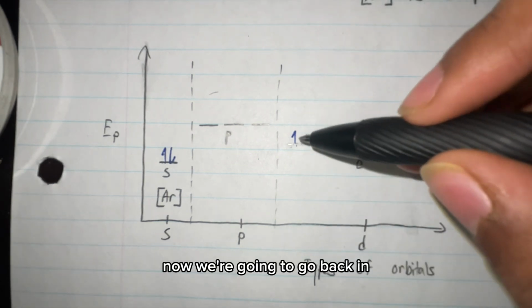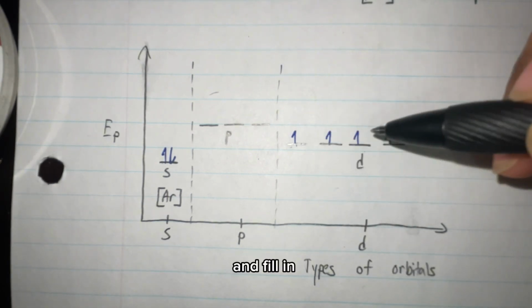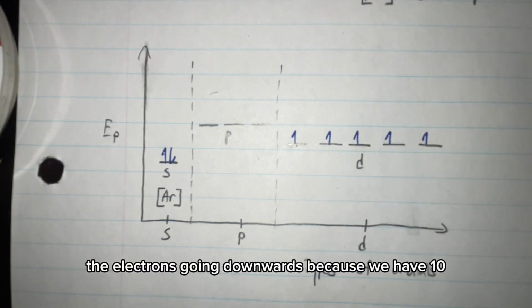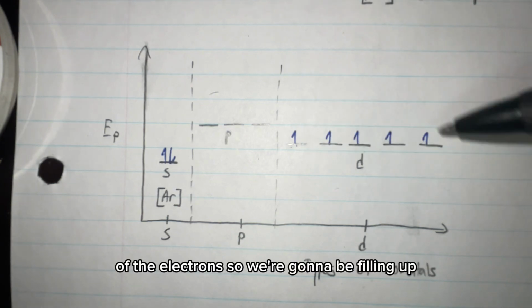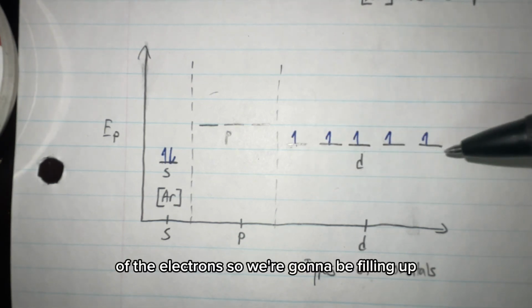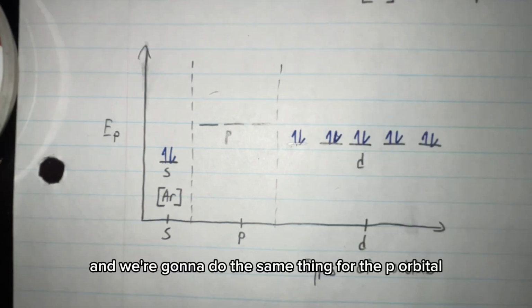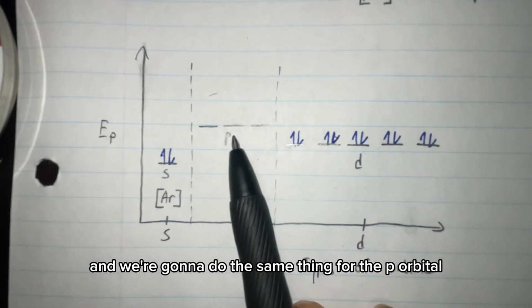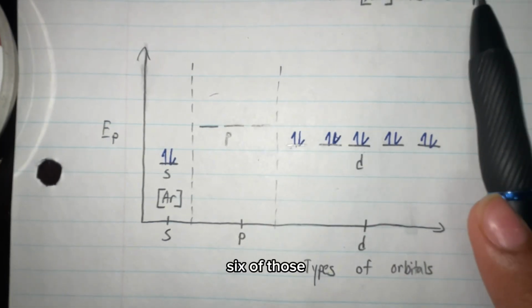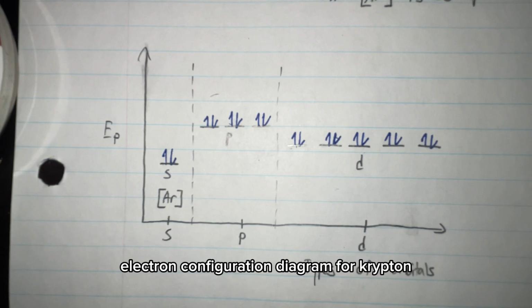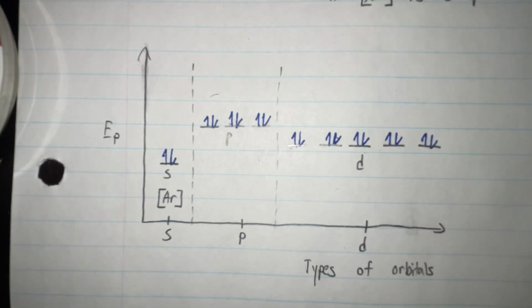Now we're going to go back in and fill in the electrons going downwards, because we have 10 electrons, so we're going to be filling up all of them going counterclockwise. And we're going to do the same thing for the p orbital, and we have 6 of those. So this is the condensed electron configuration diagram for krypton.